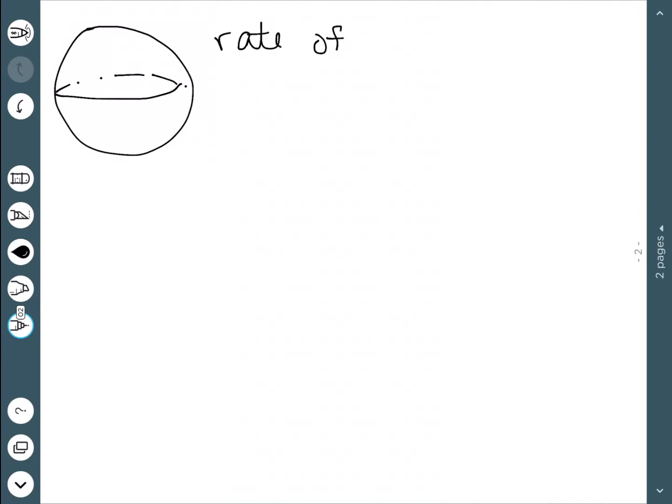For our first example, let's consider a spherical balloon. So we have this spherical balloon, and in addition, we're pumping air into the spherical balloon at a rate of 4 cubic centimeters per minute. And so we're trying to figure out something about this, and we want to know how fast the radius is changing.